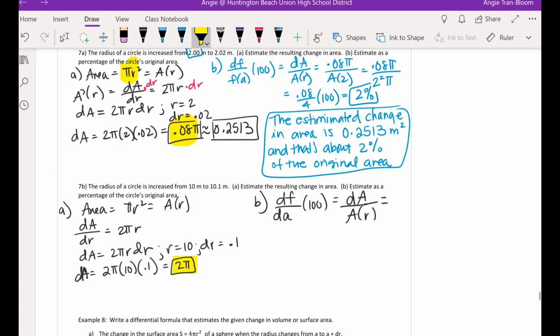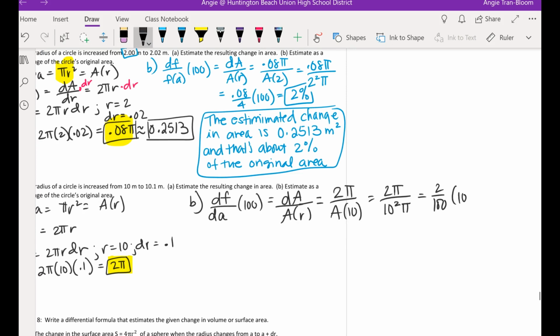It is right there. We can just plug it back in. So that's going to be 2 pi. Area started at 10, so I need to find out what that is. So 2 pi all over pi r squared, so 10 squared times pi. Cancel out the pi, so that's 2 over 100. So I'm going to multiply by 100. So, oh, it's 2% again.